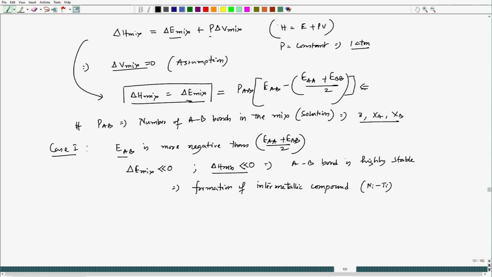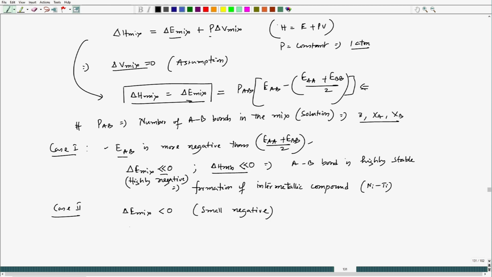Okay. Now, case 2, considering the same thing, EAB is more negative than this combined similar type of bond energies, then we can say del E mix can be less than 0, and at that time a small negative, compared to the previous case, which is highly negative.